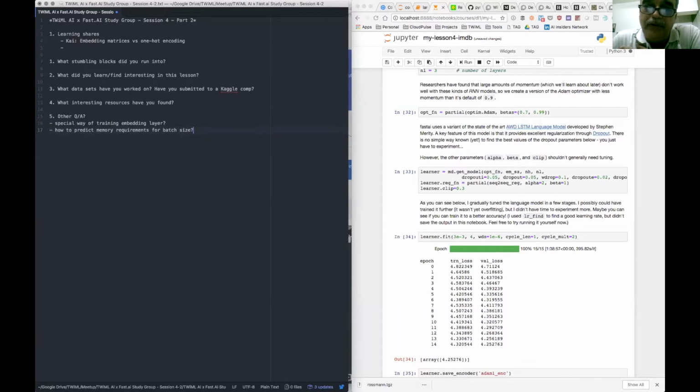Is it 16 bit? Is it 32 bit? Is it 64 bit? So there are some calculations which are available, and then also it depends on the number of epochs you're running, and what is the size of your input data. So actually it can be done mathematically, but I don't see any reference to it within the Fast.ai library. If I find something, I will put it on the Slack channel. But it's actually doable.